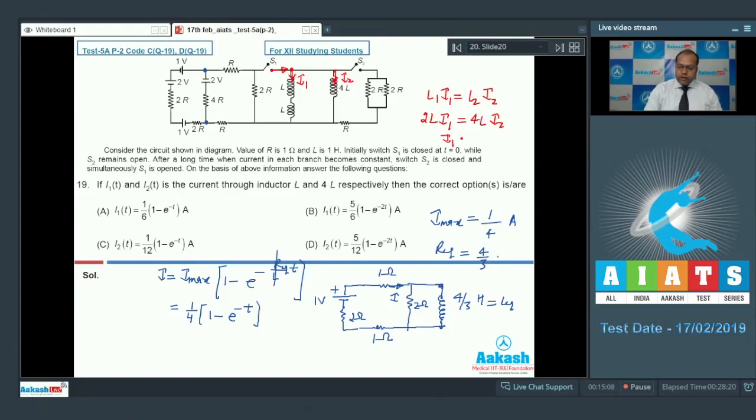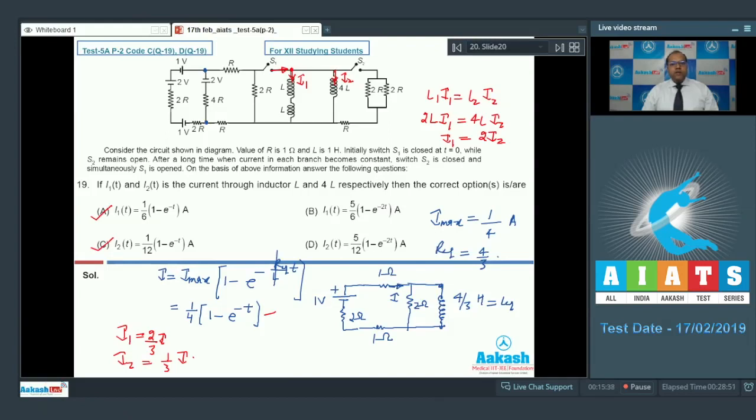So from here I1 is equal to 2 times I2, and we know that I1 plus I2 is I. So the value of I1 is 2 by 3 of I, and the value of I2 is 1 by 3 of I. So we see that options A and C are correct. So the correct answer for question number 19 is options A and C.